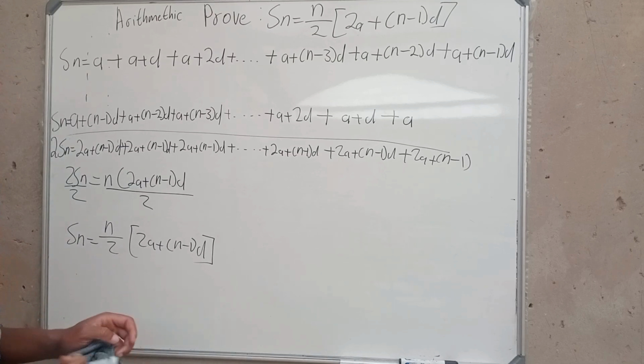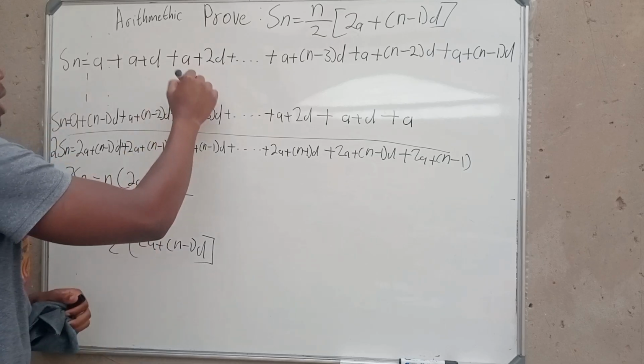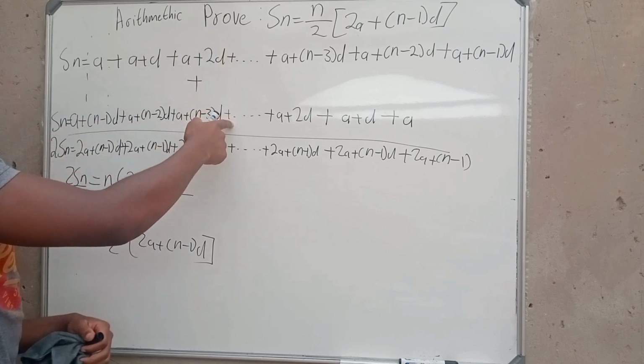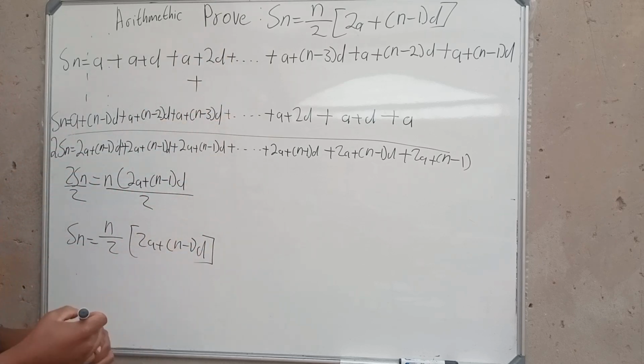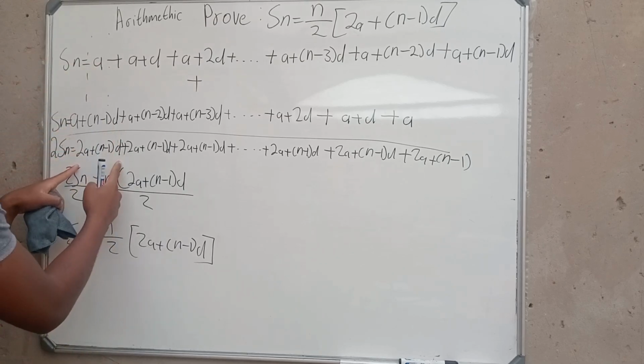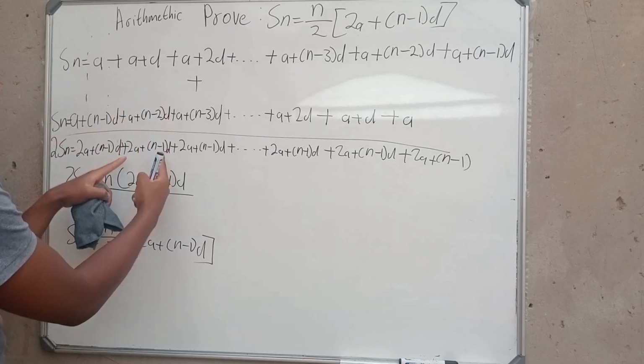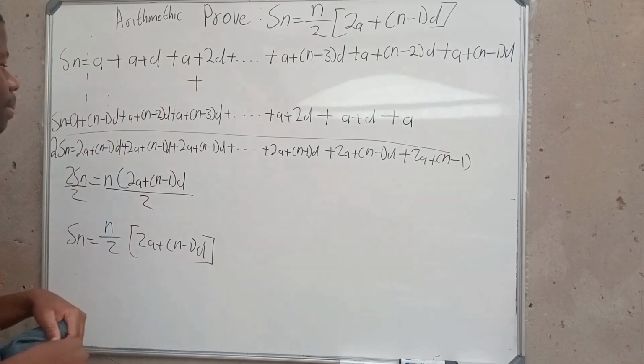But this is the first step, second step, and then third step. In this step, you add this and that, but they use simultaneous equations. Sn plus Sn gives us 2Sn, and then a plus this gives us this. And then a plus d plus this gives us 2a plus n minus 1d.